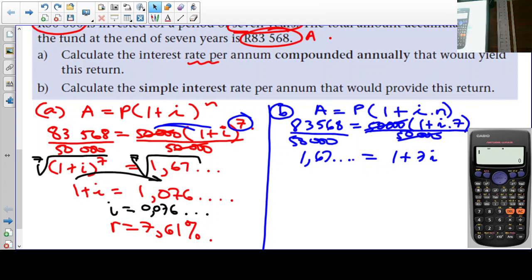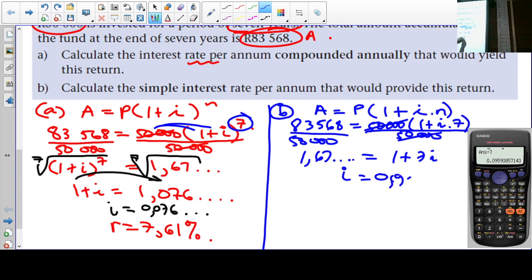Let's go again. It's going to be 83,568 divided by 50,000. That gives 1,67 and the number carries on. Minus 1. Then I divide by 7, not so? Which gives me an i value of 0,0959 and the number carries on.